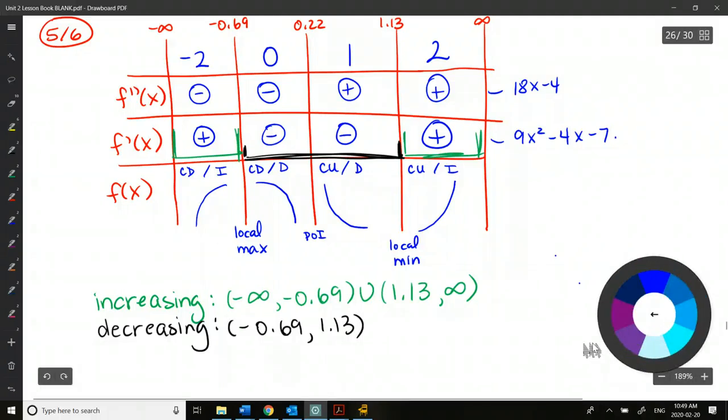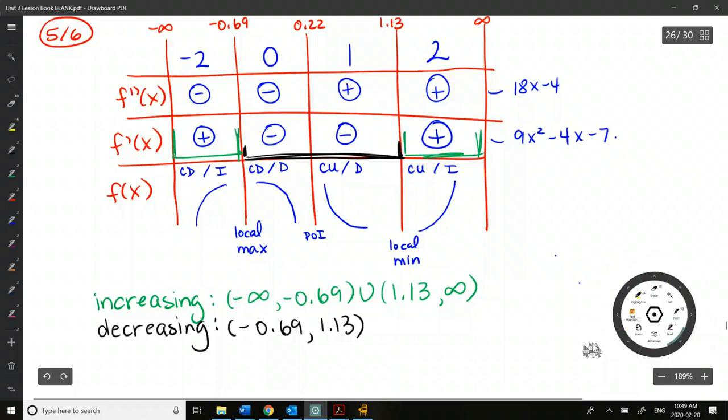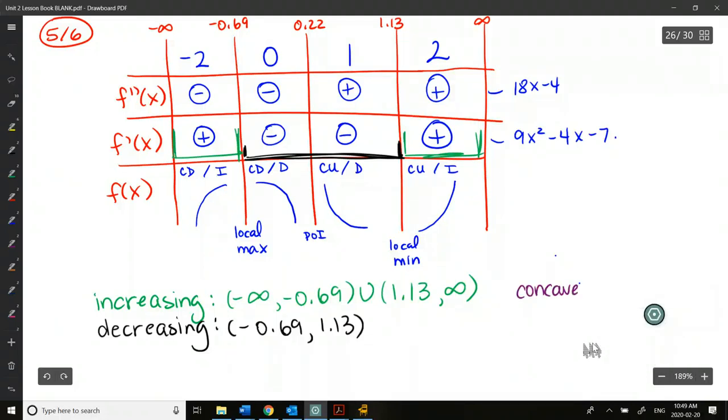Okay, and then for your intervals of concavity, we'll say concave up. We're now interested in this column where it's positive. This is positive all the way from this point of inflection to infinity. Again, I don't need to exclude critical numbers from this. I only need to exclude areas where the function is undefined, like a vertical asymptote.